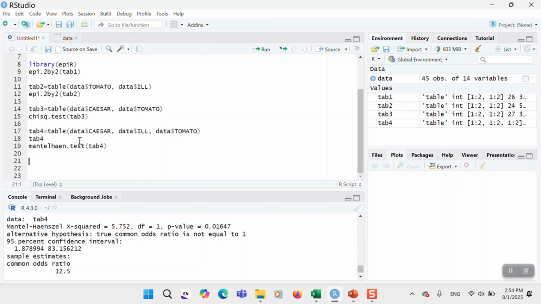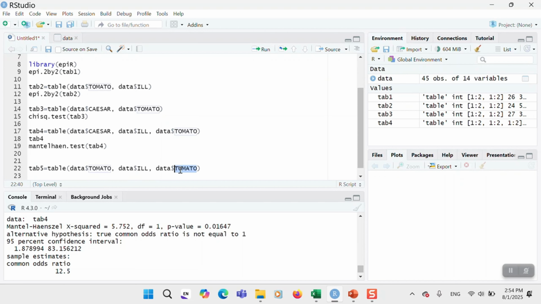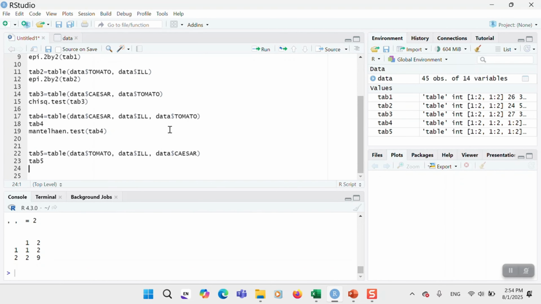So I'm going to copy this. It's going to be table 5. The data here is going to be based on the tomato, the relationship between tomato and illness, but the confounder is going to be Caesar salad, right? So this is going to be table 5. Let's look at the result.